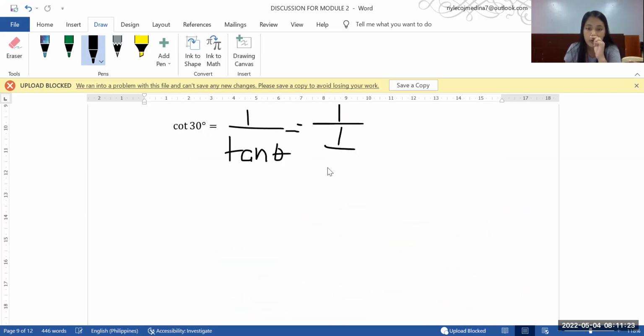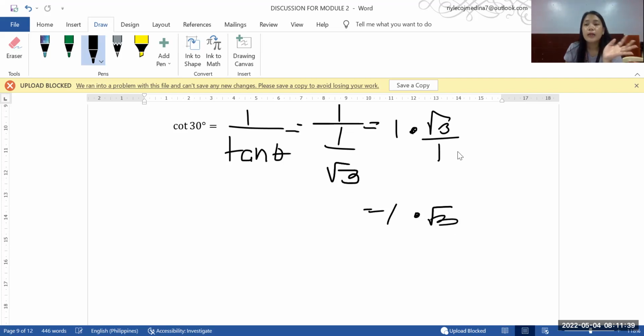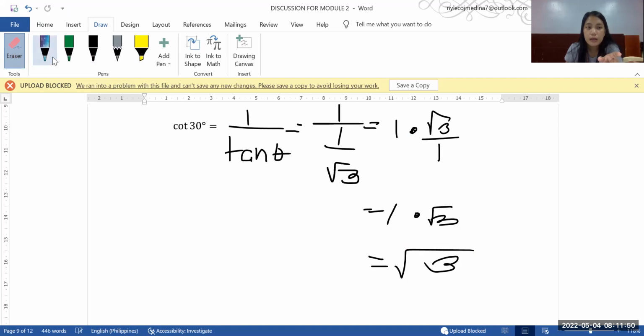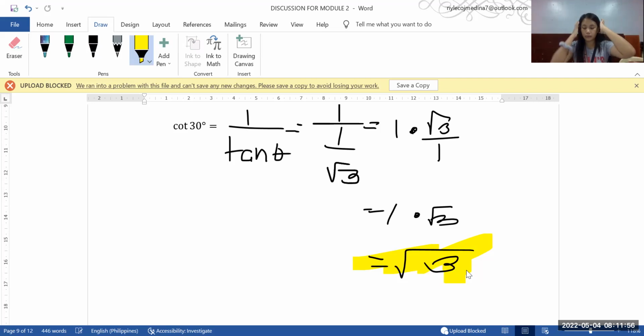So 1 over 1 over square root of 3 is 1 times square root of 3 over 1, which is 1 times square root of 3, because any number with a denominator of 1 is equal to itself. So that will be equal to square root of 3. That means cotangent 30 degrees is equal to square root of 3.